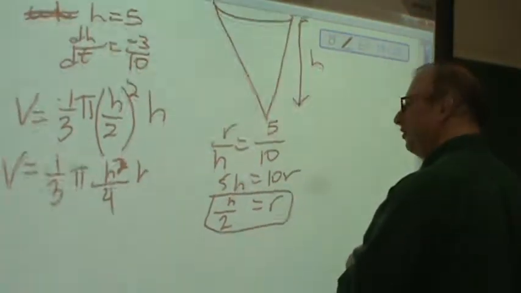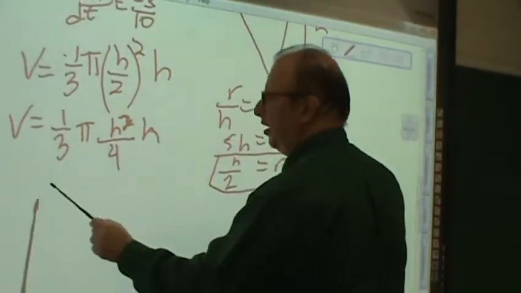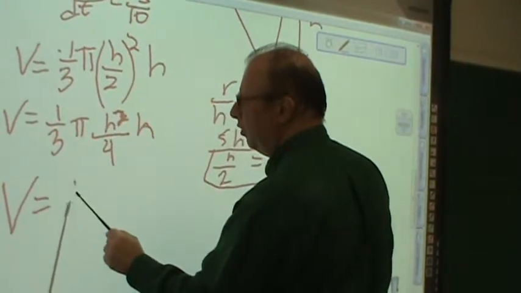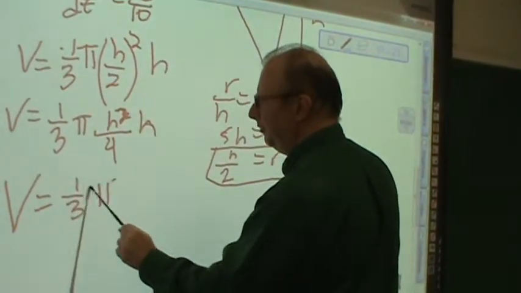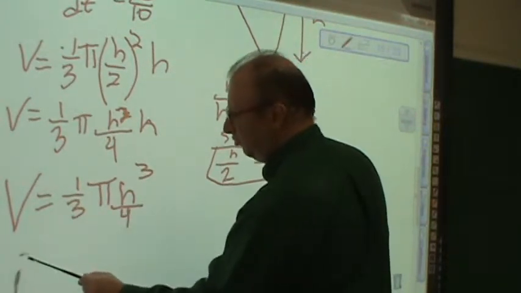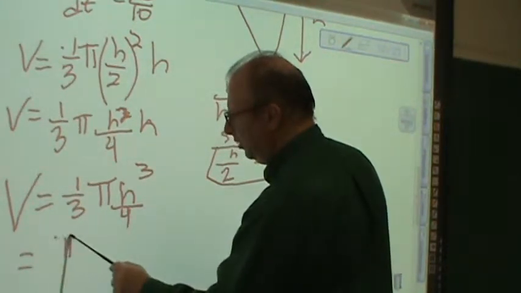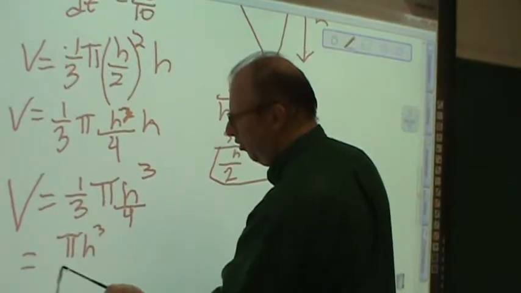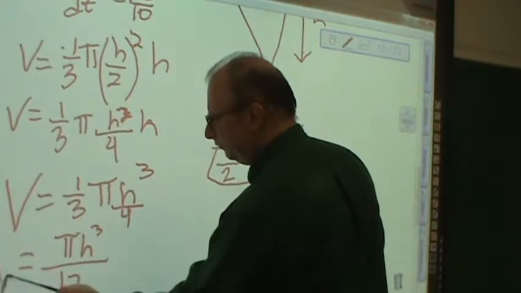I'm jumping ahead, I'm sorry. So volume is equal to 1/3 pi H cubed over 4, which is equal to pi H cubed over 12.